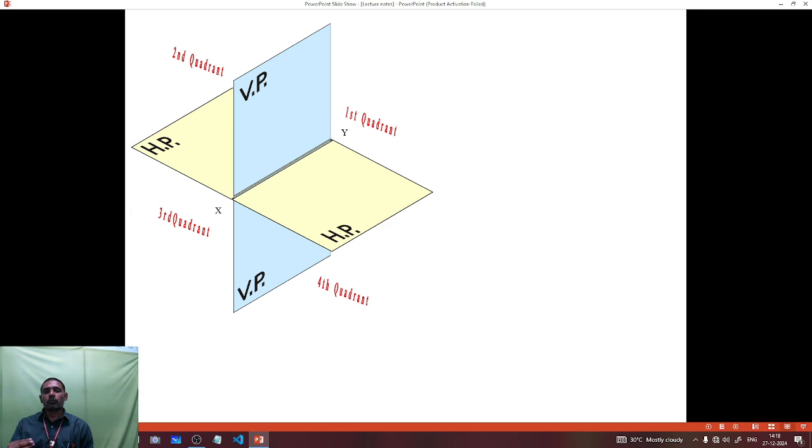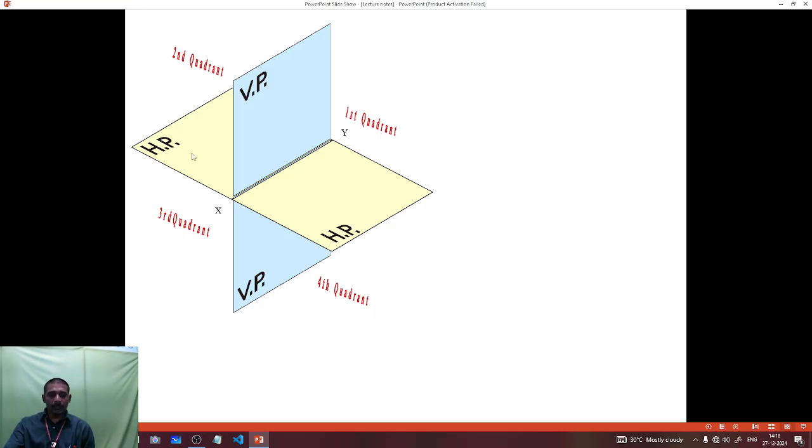How to find the first quadrant, how to find the second quadrant? If our point or line is located in the first quadrant, it has a common reference: above HP and in front of VP means the point or line is located in the first quadrant. If the point is located above HP and behind VP, it is the second quadrant.